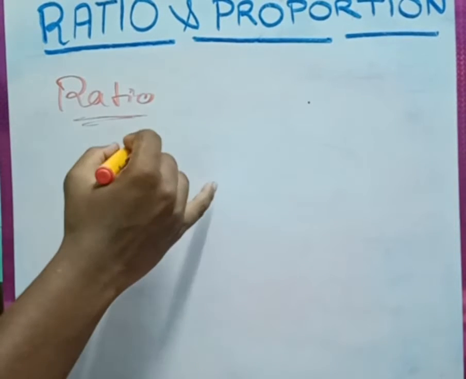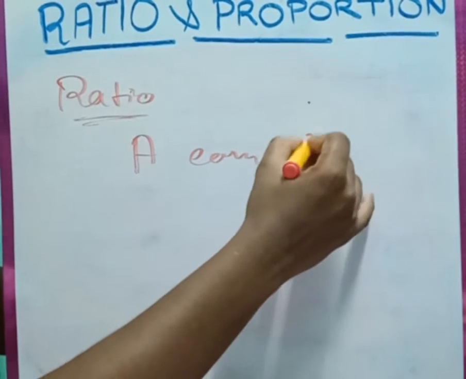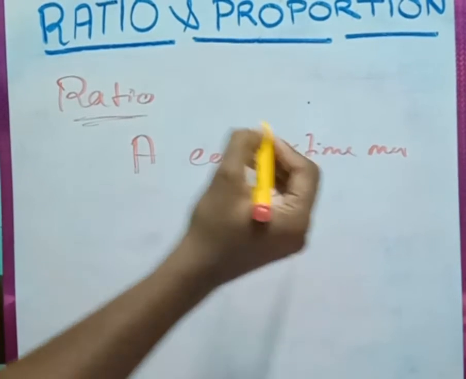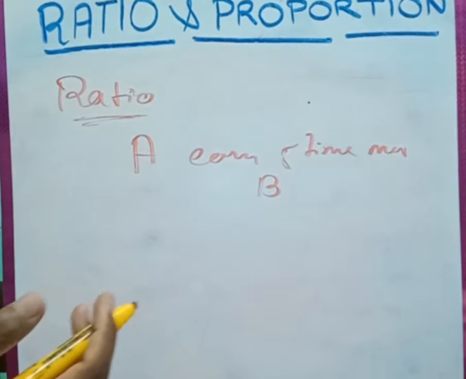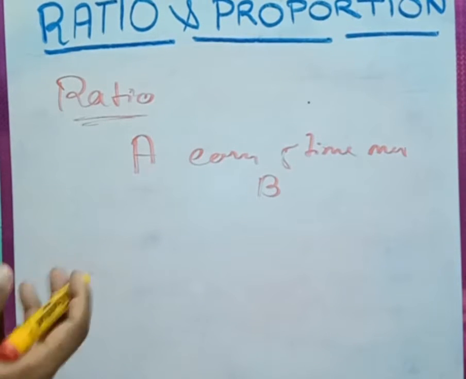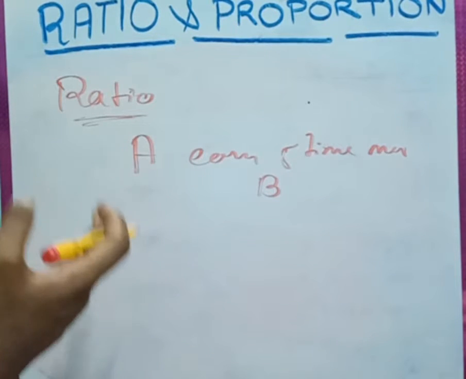For example, if I say A earns 5 times more than B, right? It's a simple English statement that A earns more than B. If I ask how much, we can say 5 times. If I ask you to write an expression for this statement, how will you write it?